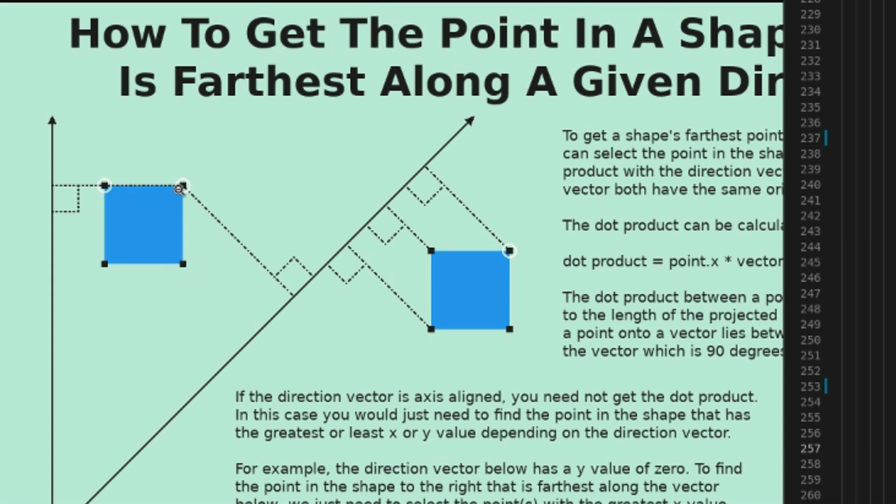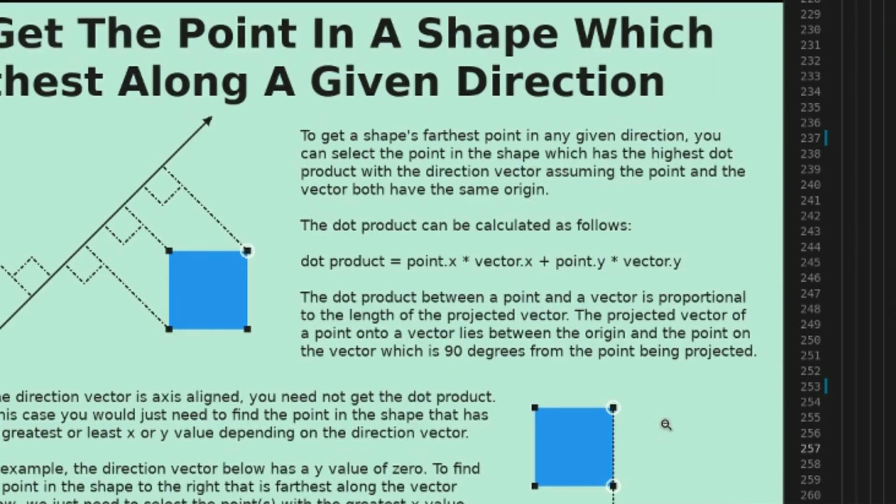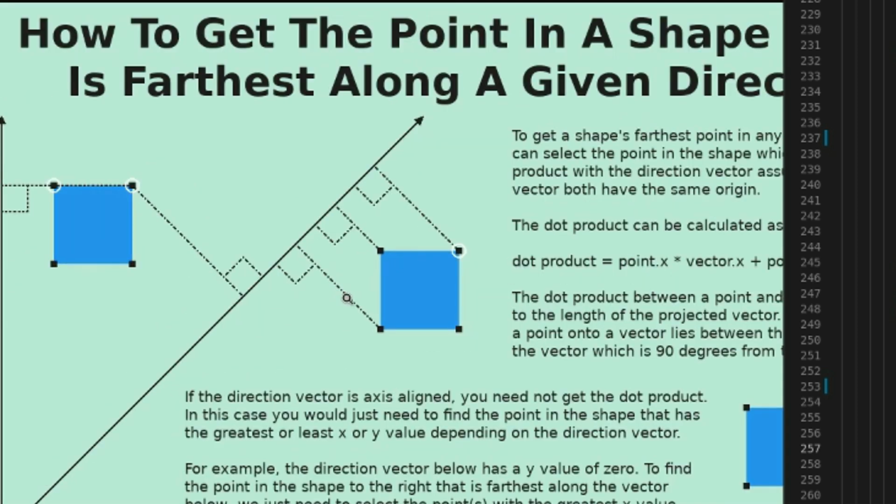And if it is, then that least amount of y value is going to be the y value we use to get the top. With this, instead of using a y value or an x value in the case over here, we're going to use dot product, because dot product is directly related to the distance that these points are along this perpendicular vector to our line segment.